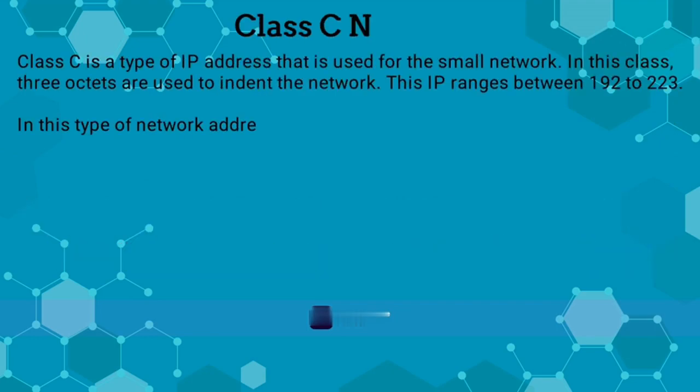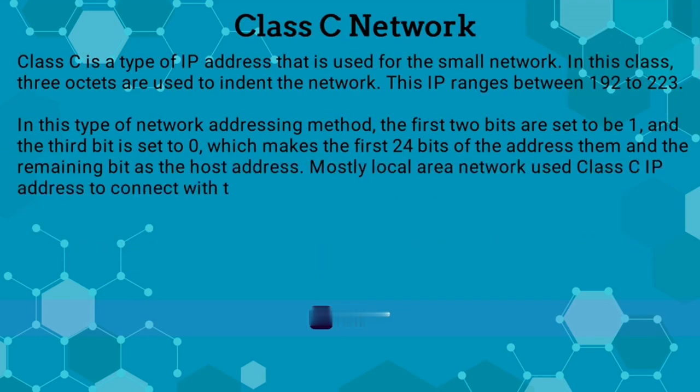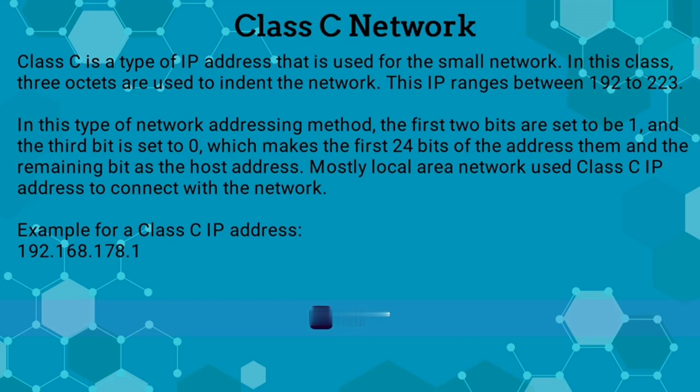Class C network. Class C is a type of IP address that is used for small networks. In this class, 3 octets are used to indicate the network. This IP range is between 192 and 223.